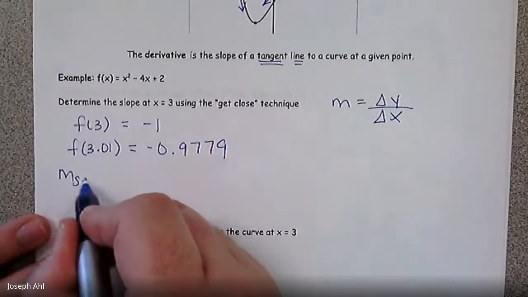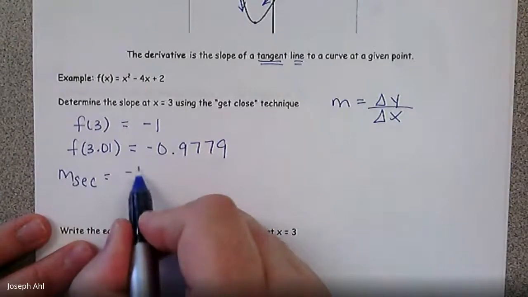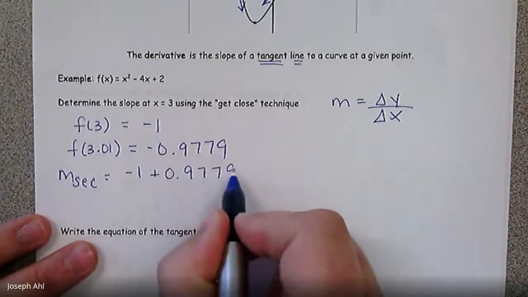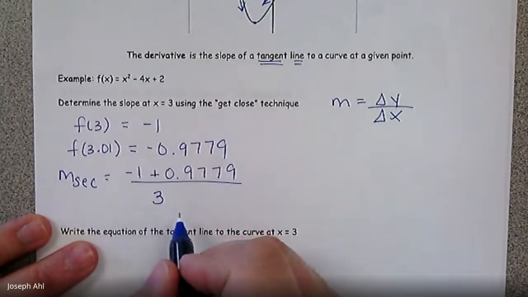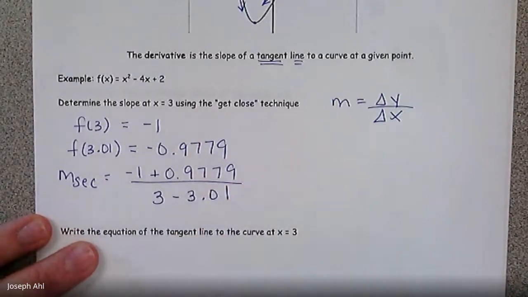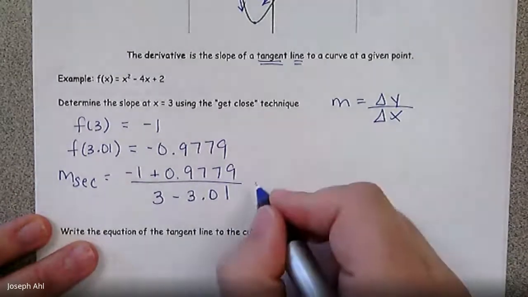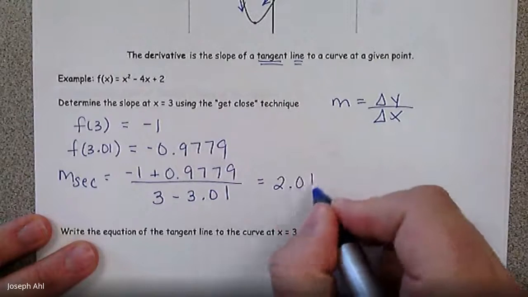So the slope of the secant, change in y over change in x, the y values would be the difference, -1 minus a negative becomes plus 0.9779 over 3 minus 3.01. So change in y over change in x, and this winds up coming out to be a total of 2.01.